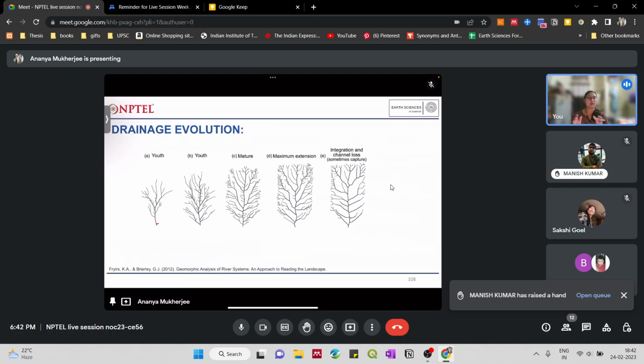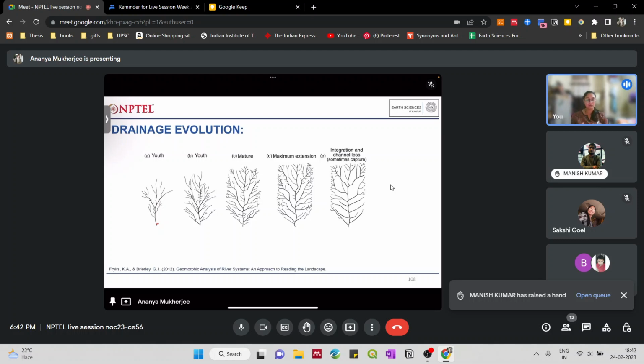It will start migrating from its previous place to another place because of the erosional work, and the number of smaller streams is increasing. Then at the mature stage, you will see the spaces between the main channel and the tributaries increasing because of the development of floodplains due to more depositional work.